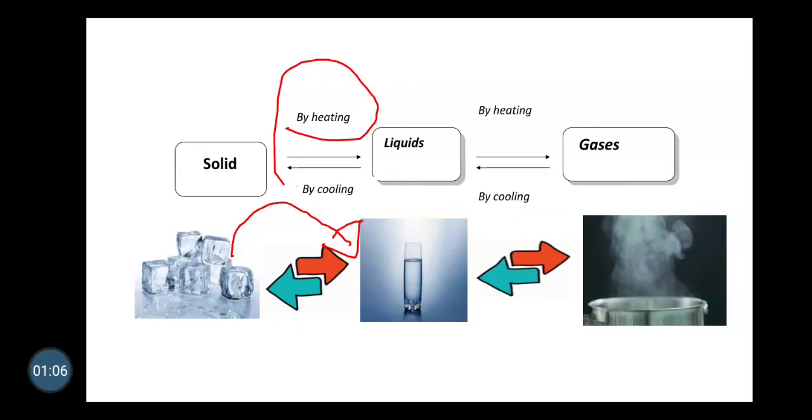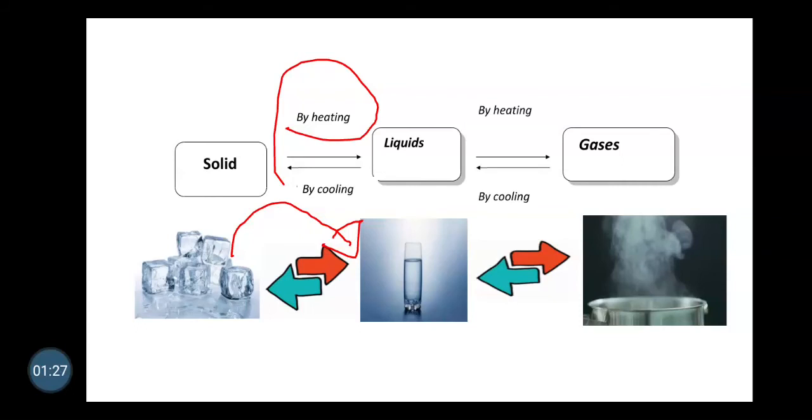If we have pieces of ice and I put the ice in a glass and leave it for a while, we will observe that the ice will change into water. It will melt into water.